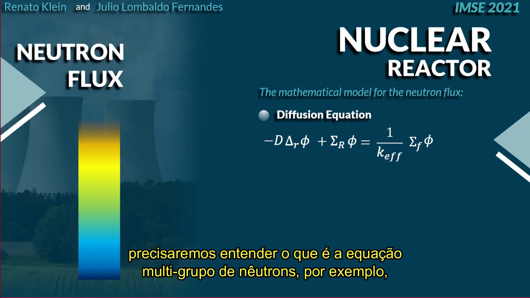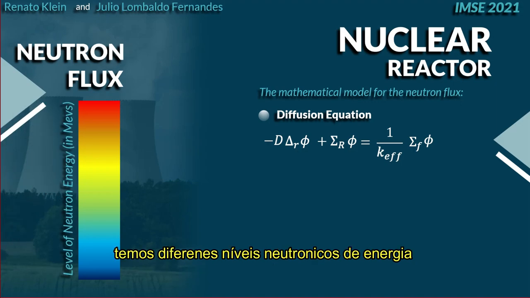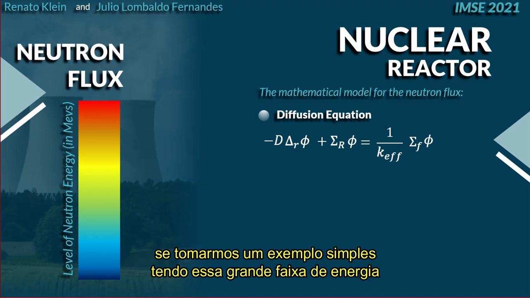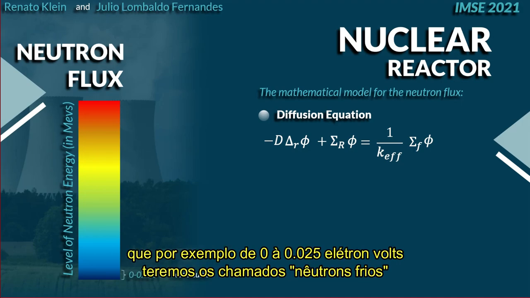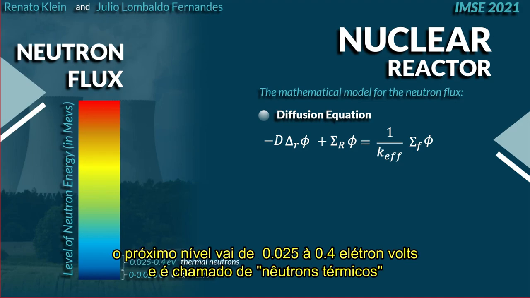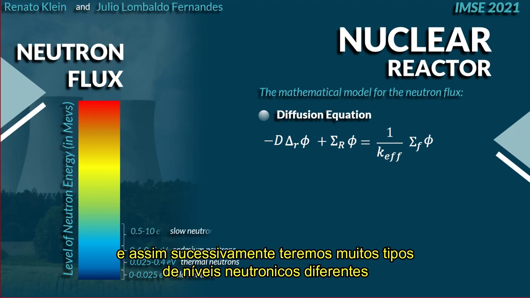To understand this a little better, we need to understand what the multi-group neutron equation is. We have different levels of energy in neutrons. In a simple example, we have a big range from 0 to 0.025 electron volts, and the next range is from 0.025 to 0.4 electron volts, the thermal neutrons, and so on.